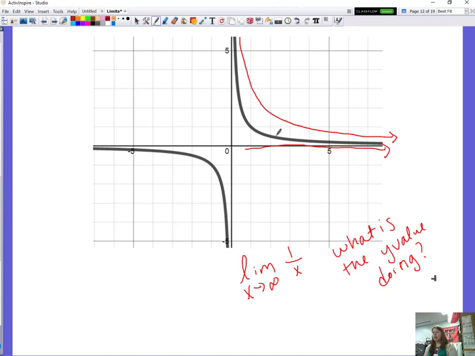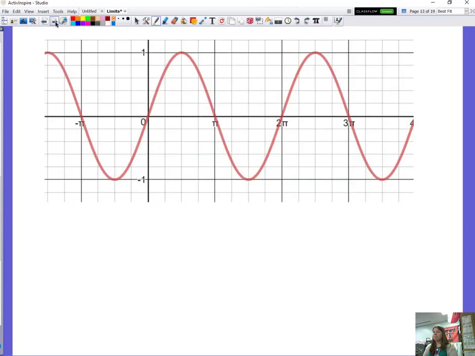It's stopping at the horizontal asymptote, which, when we talked about rational functions, is at y equals 0. If it's getting closer and closer to y equals 0, the limit as x approaches infinity of this would be 0, because the y value is getting closer and closer to 0. So that's the first infinite limit.